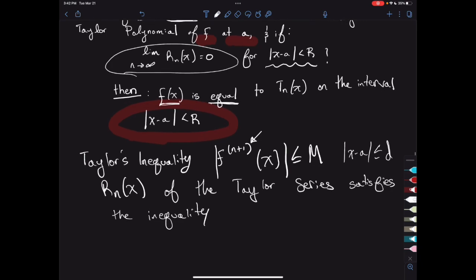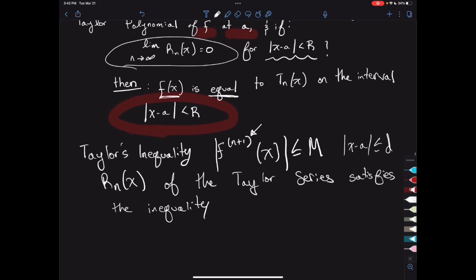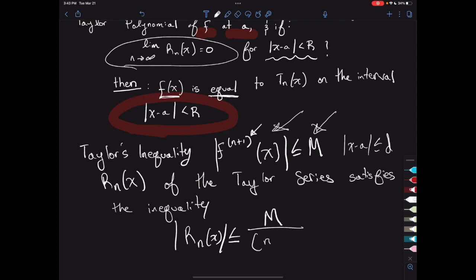that looks like this. And what I'm about to write is ugly. It's the absolute value of the remainder, which is going to be less than or equal to a number M over n plus 1 factorial, multiplied by the absolute value of x minus a to the n plus 1.